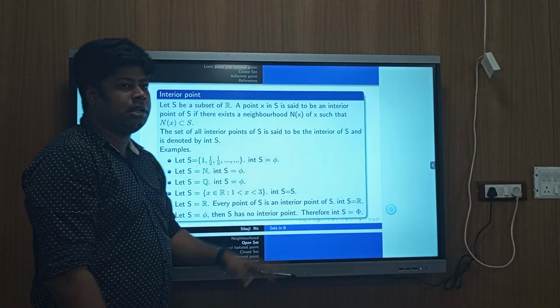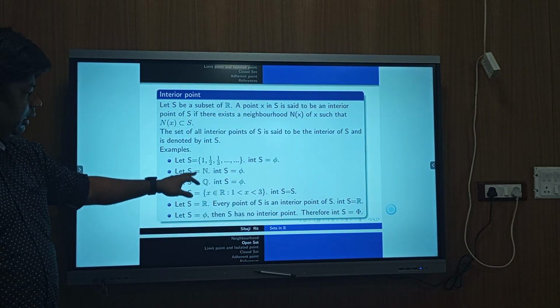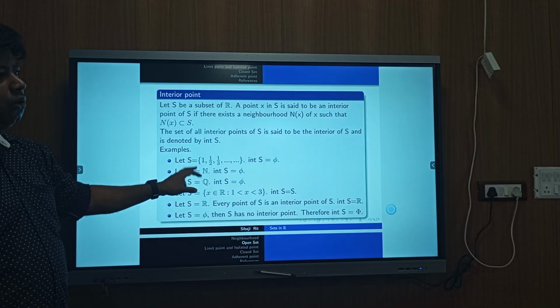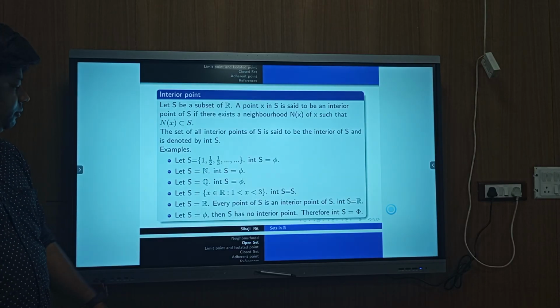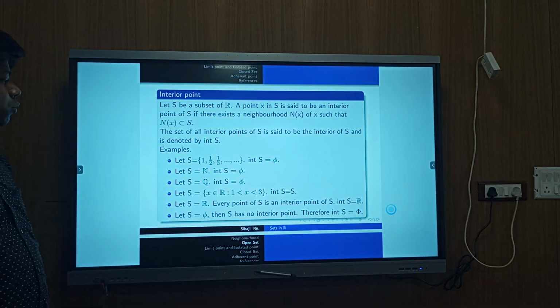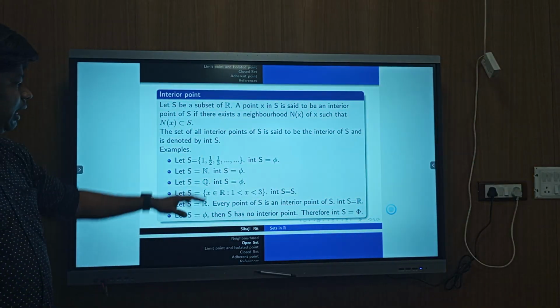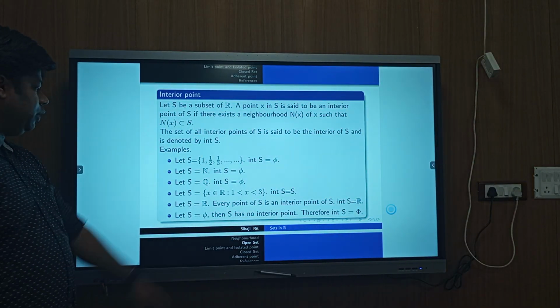Then int S is empty because the natural number set does not contain an interior point. If we choose S equal to Q, the set of rational numbers, then int S is empty because there is no interior point in Q.